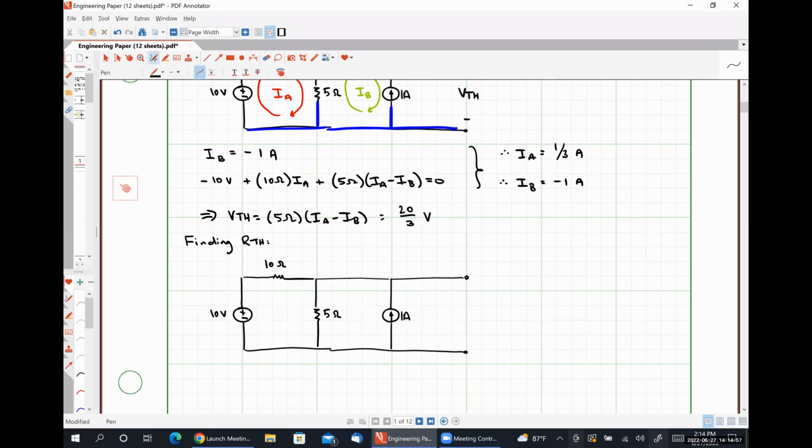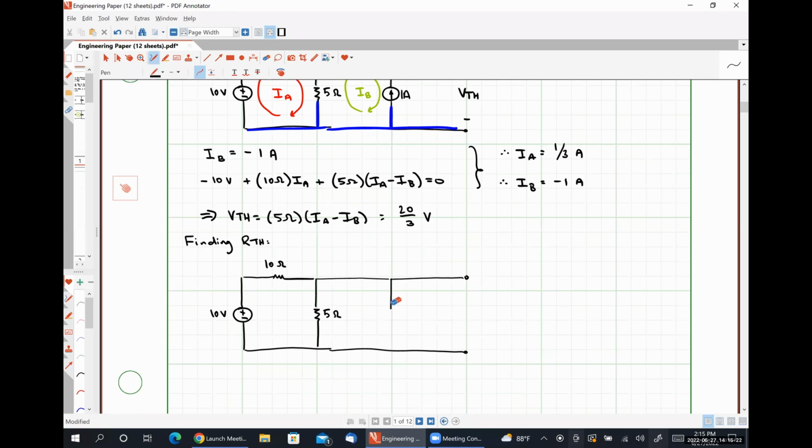So Thevenin's theorem tells us that the equivalent resistance RTH is the resistance seen between the terminals of the dead electrical network. To make our network dead, we have to turn off our independent sources. We turn off current sources by replacing them with open circuits.